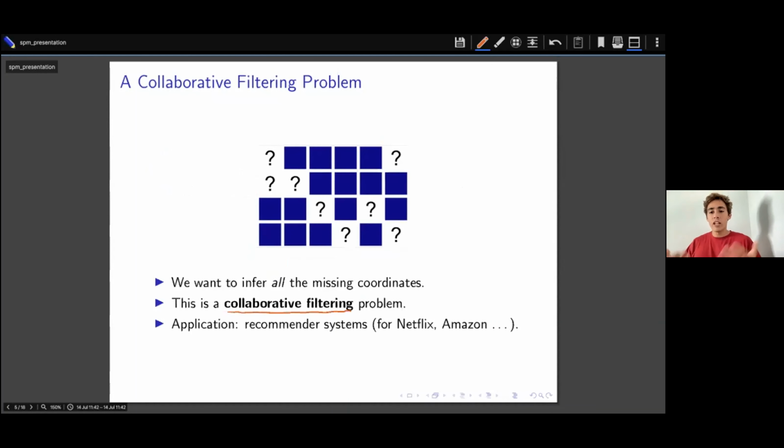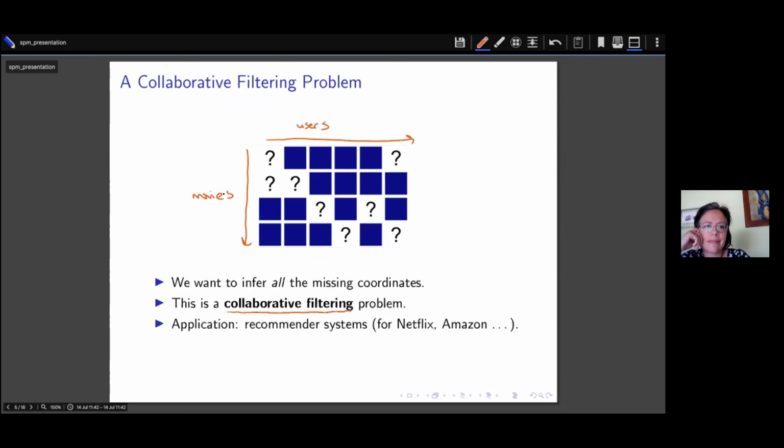There's a classical example of collaborative filtering problems with recommender systems. So let's say that we're Netflix. We have a collection of users and a collection of movies, for example. For every user and movie, we're going to have some numerical value which tells us how much that user likes that particular movie.